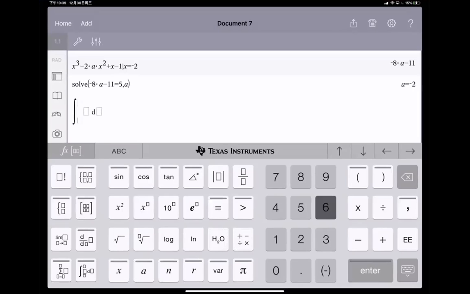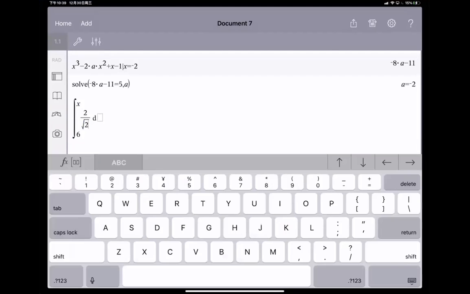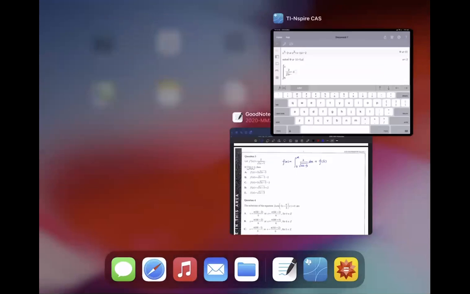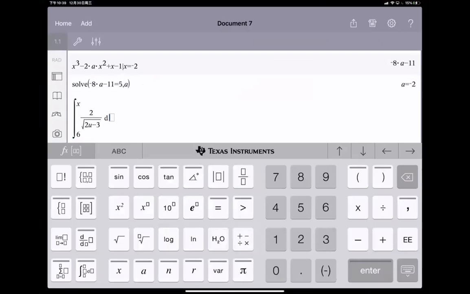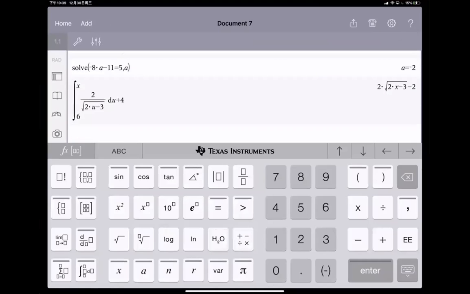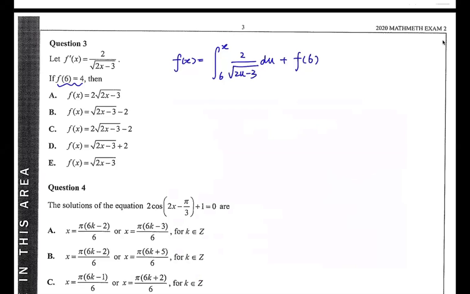Integral from 6 to x of the fraction 2 over the square root of 2u minus 3 du, plus 4. So the final answer is 2 square root of 2x minus 3 minus 2. And the answer is C.